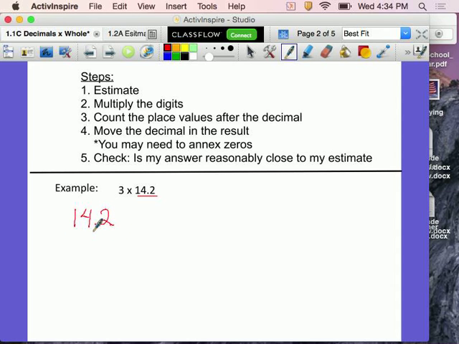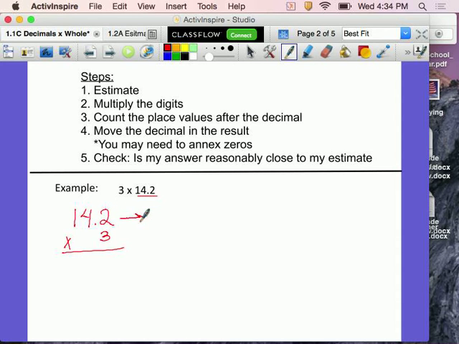14 and 2/10 multiplied by 3. Now remember, it doesn't matter if you do 14 and 2/10 times 3 or 3 times 14 and 2/10. Okay, and never forget to estimate.